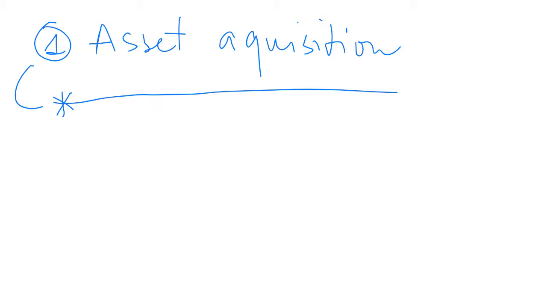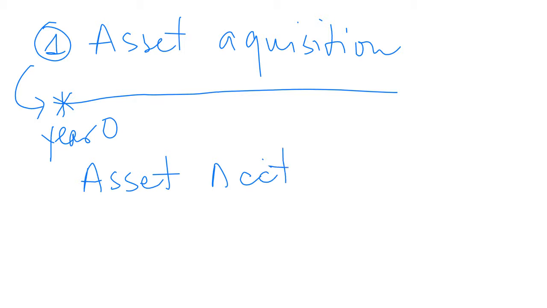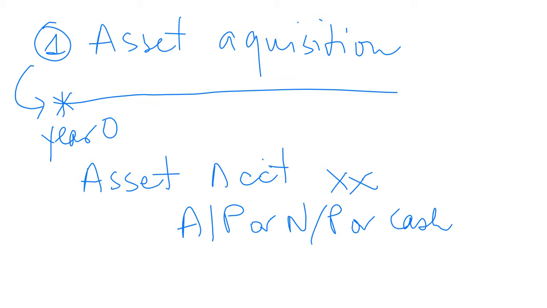So this number one accounting stop, so to speak, is at year zero or period zero of the useful life of the asset. When we acquire the asset, the asset account will be debited and the method of payment, such as accounts payable or notes payable or cash, will be credited.